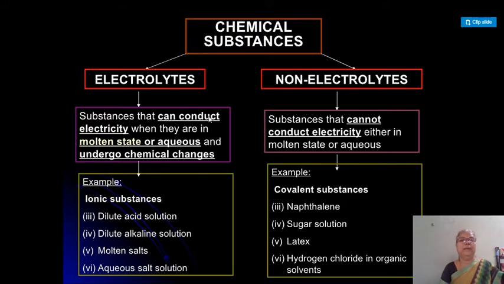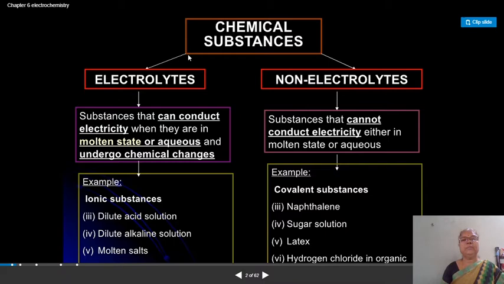Okay, then chemical substances are of two types: electrolytes and non-electrolytes. Electrolytes are the substances that can conduct electricity when they are in a molten state or in an aqueous state and undergo a chemical change.